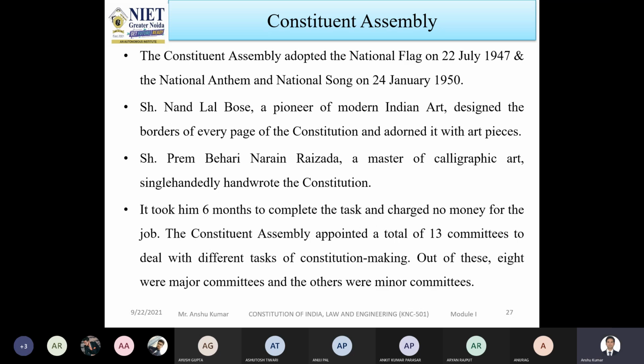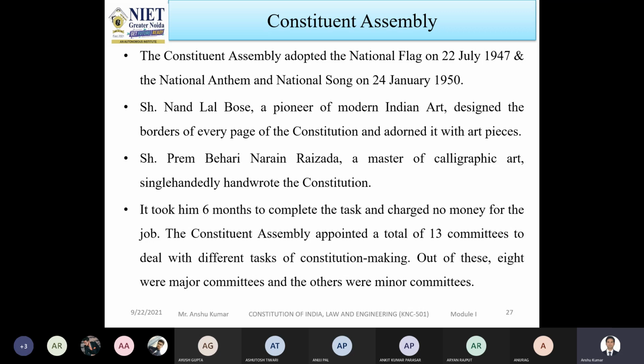The Constituent Assembly adopted the national flag on 22nd July 1947 and the national anthem and national song on 24 January 1950. Sri Nandalal Bose, a pioneer of modern Indian art, designed the border of every page of the Constitution and adorned it with art pieces. Remember the name.